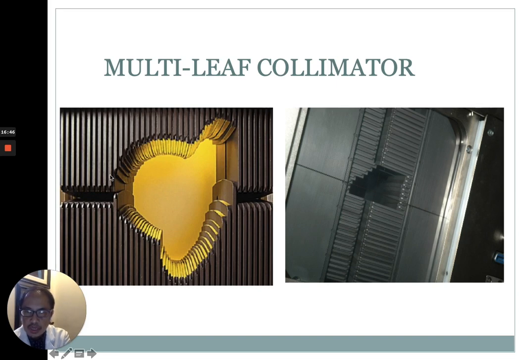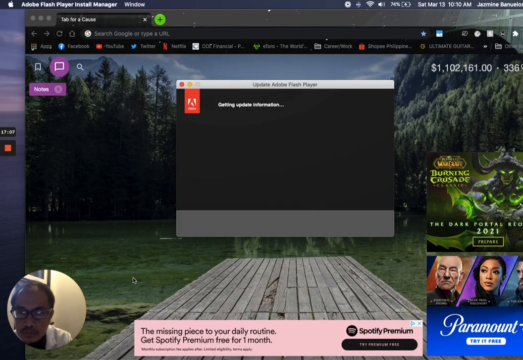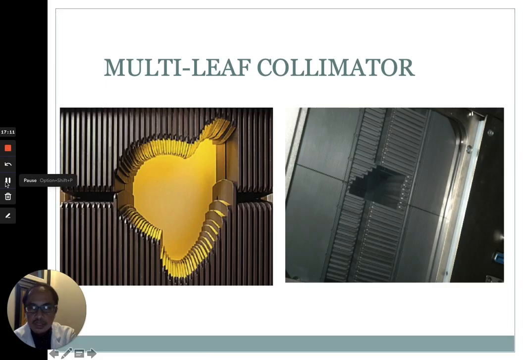They can increase and decrease in size depending on the patient's target, on the tumor. So these are the multi-leaf collimators that would move in and out of the patient, depending on the contour and depending on the target. Okay, so that is the multi-leaf collimators.